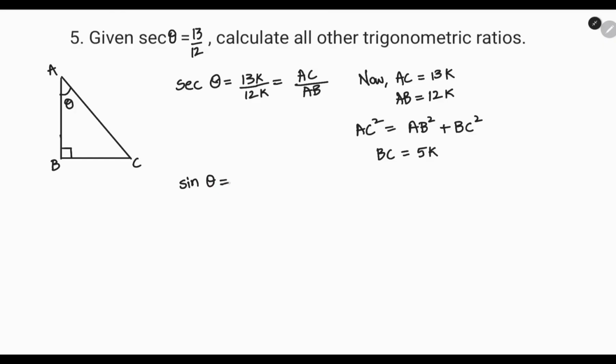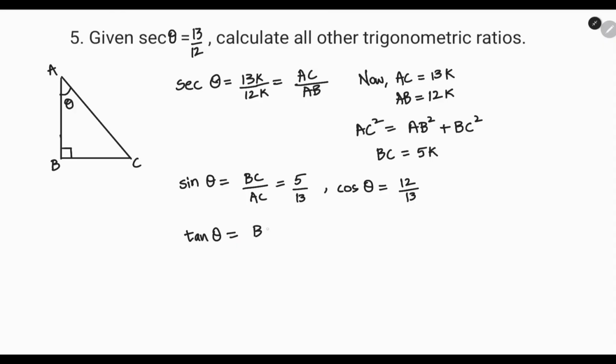So sine theta is BC by AC hypotenuse. Okay, so that is 5K by 13K or 5 by 13. Similarly, cos theta is adjacent side AB by hypotenuse. So that will be 12K by 13K. Now, tan theta is opposite side BC by AB.